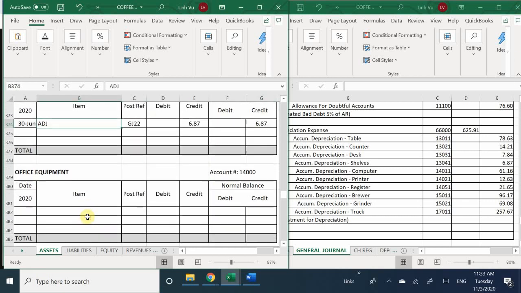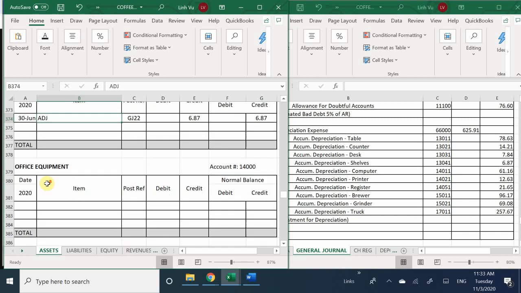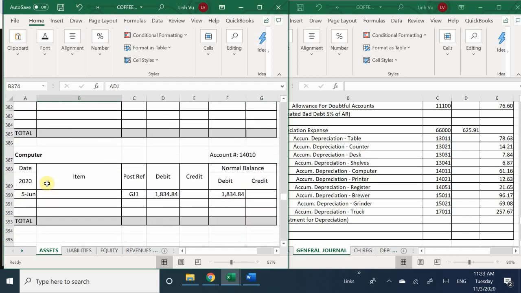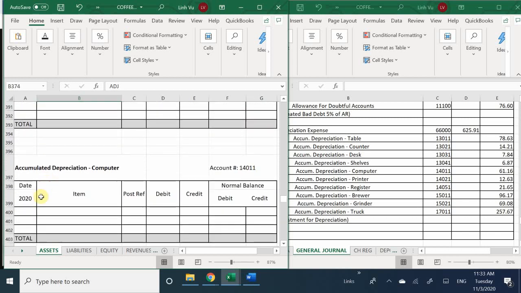Then we're going to scroll all the way down. So here we are at equipment. Here we go. Our first one is a computer, accumulated depreciation for computer. ADJ. Right, general journal number 22. For what amount? 6116.